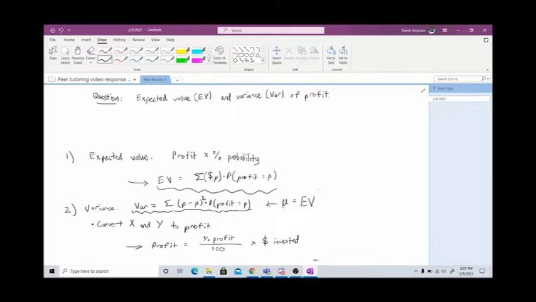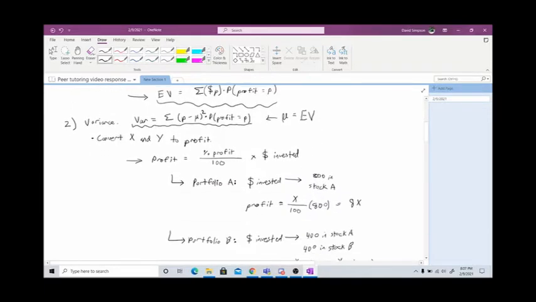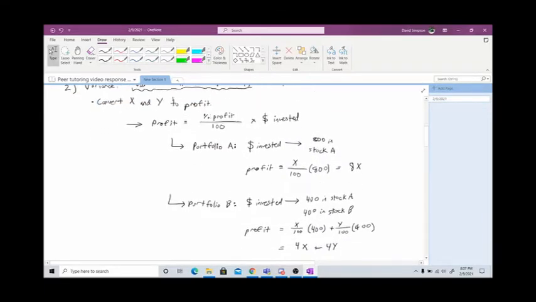So now that we've talked about the definitions of everything, let's go to the first step, which is converting X and Y to profit, meaning taking the values the problem gives us for X and Y and converting that to how much profit you'll get. So we know that X and Y have different values based on how lucky you are, right?